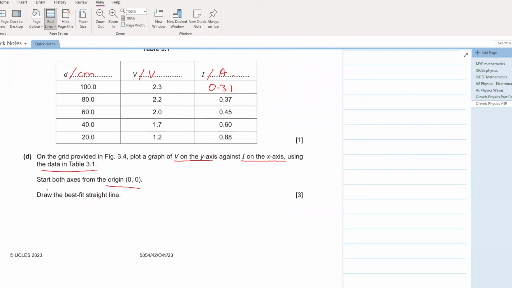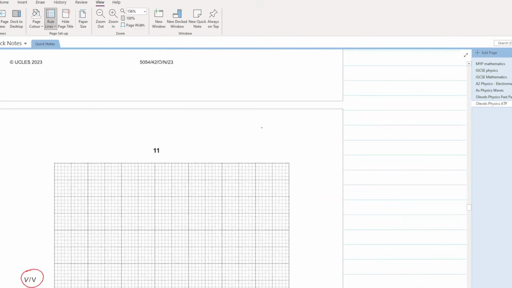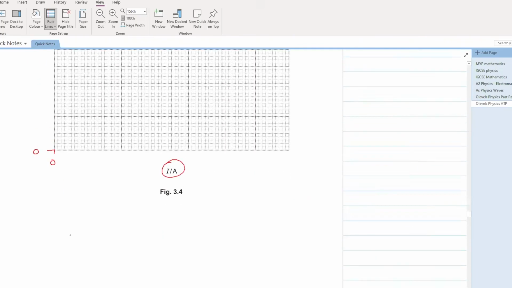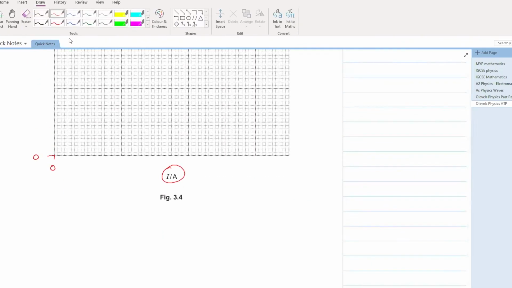Can you realize the maximum value? The maximum value on the x-axis is 0.88. What is the minimum value? 0. How will you calculate the x-axis scale? Easy peasy. The scale on the x-axis is the maximum value of x minus the minimum value of x divided by the number of boxes.